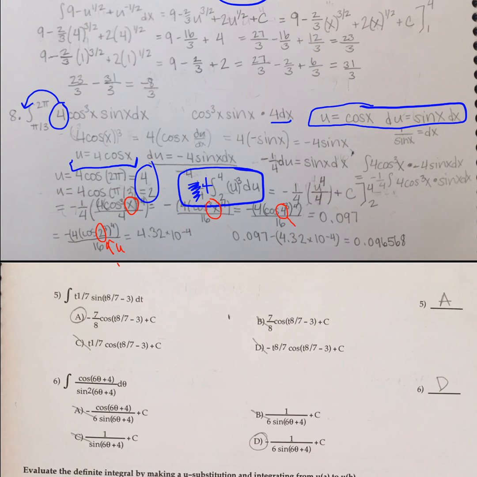Do you see that? So you did this on another problem too. So really, if you put it back in x, if you rewrite this u back with an x in it, then your limits don't need to change because you're now back in x and the original limits are x limits. Okay?